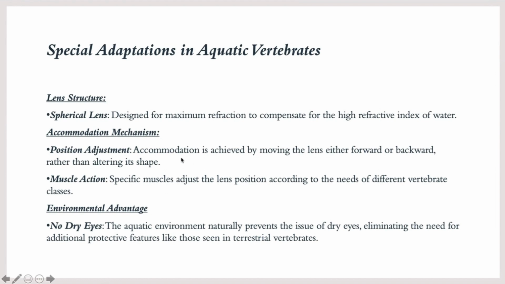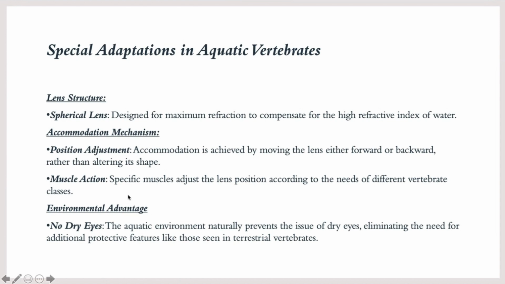Another thing that happened in aquatic vertebrates is that they were able to move their lenses forward or backwards, and this again would focus the light they were getting in. Due to being able to move the lens forward or backwards, they also developed specific muscles that would adjust the lens according to what they needed.